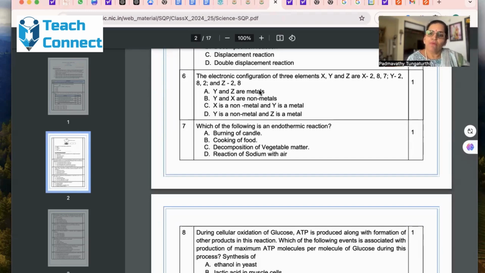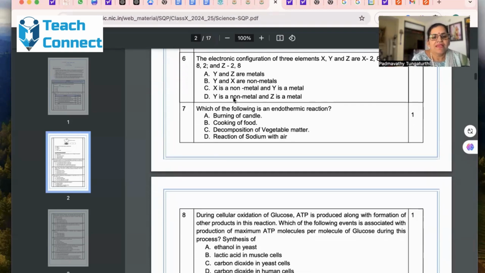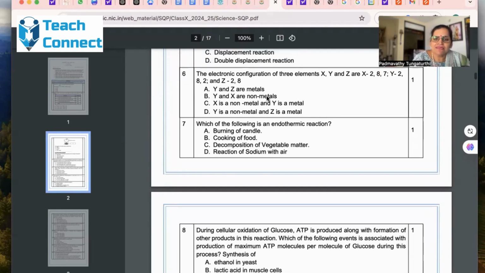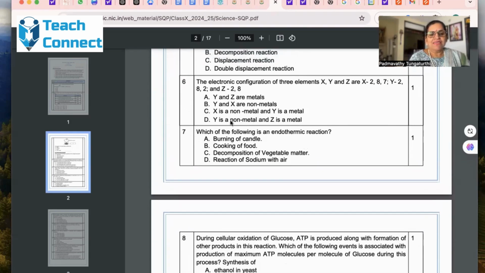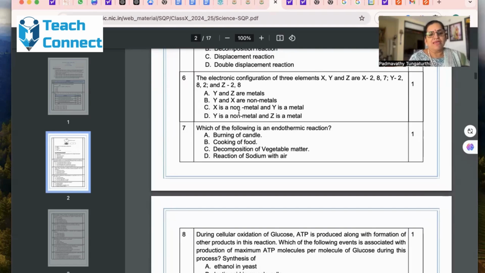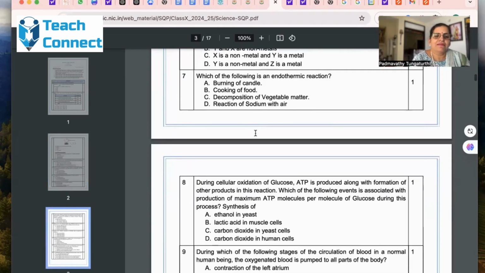Z, 2 8, is a noble gas. Then C is the answer. This is just a remembering and understanding question. We are applying a little knowledge over here, but basically it is a remembering and understanding question. X is a non-metal and Y is a metal.